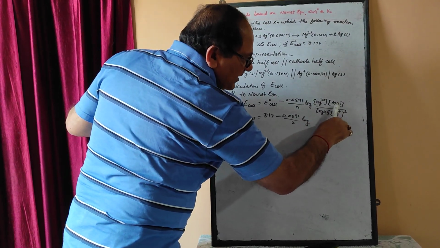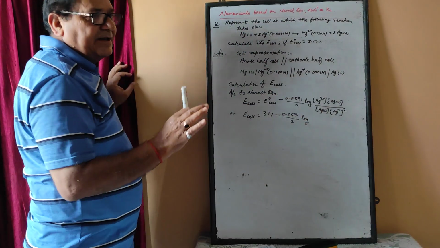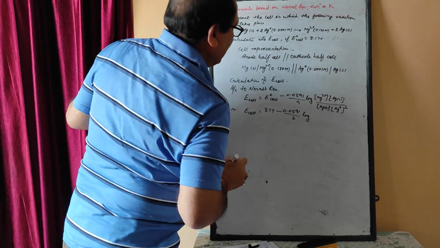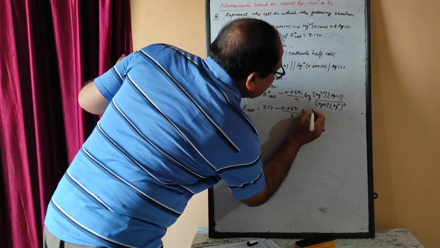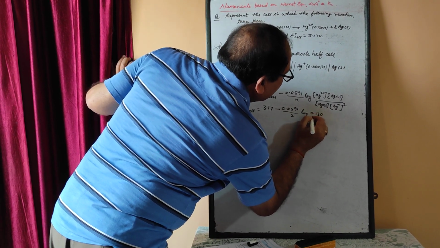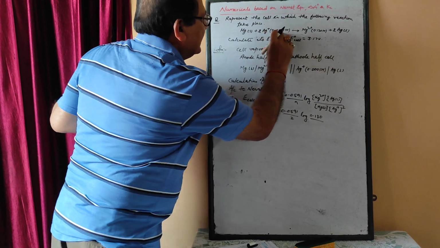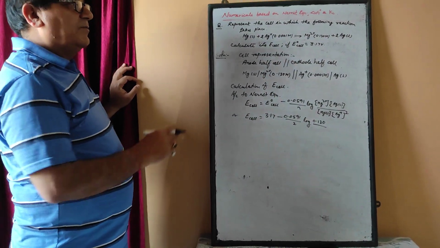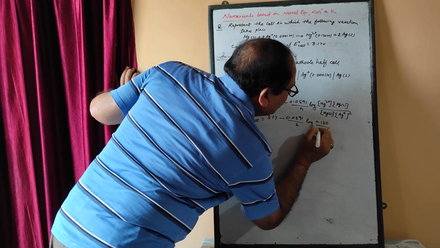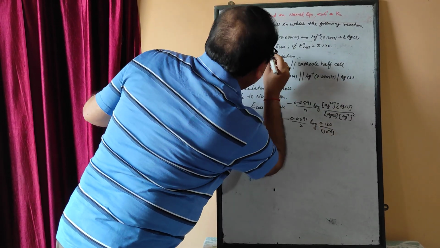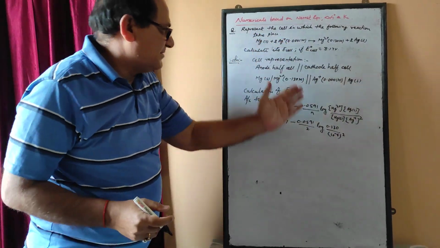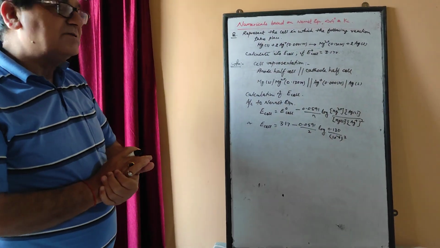The concentration of Ag solid and Mg solid is considered as 1, so it will be only Mg2 plus, which is 0.130, divided by 0.0001, which you can write as 10 to the power minus 4, whole square. For simplicity, I have converted it to 10 to the power minus 4.